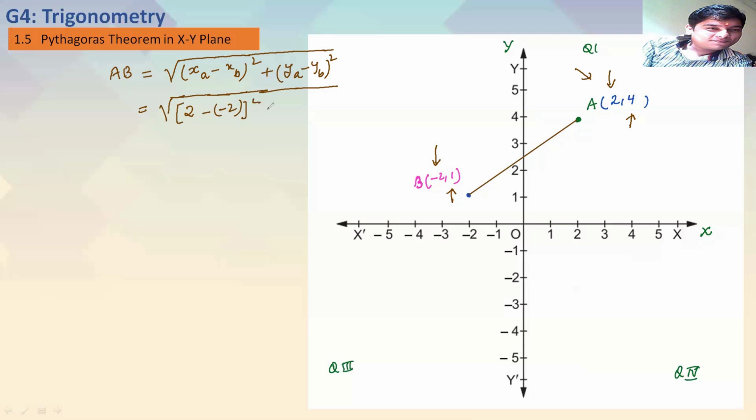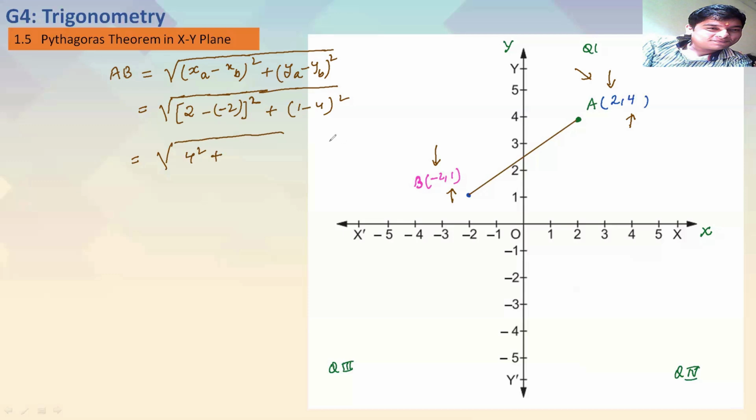And what about the second part? Come on, help me. 1 minus 4. Absolutely. 1 minus 4. Wonderful. So what would be the next step? 2 minus -2 would be 4, so 4 squared.